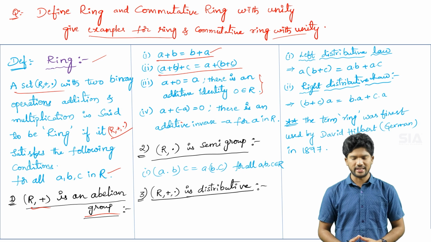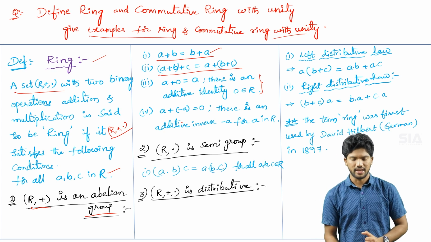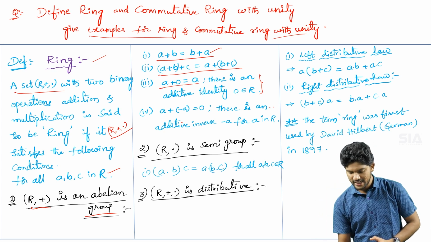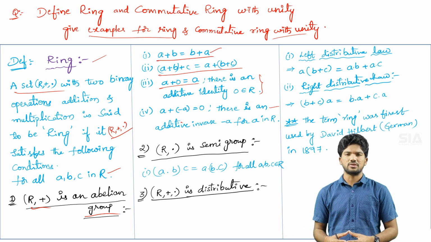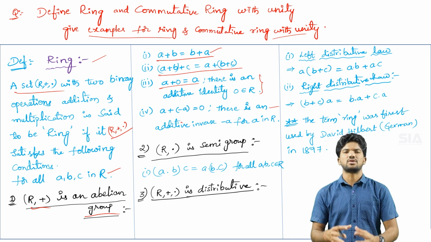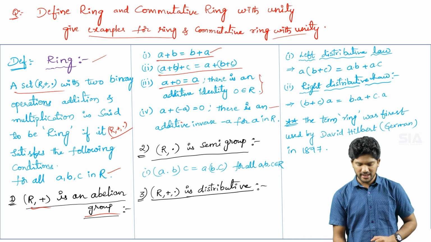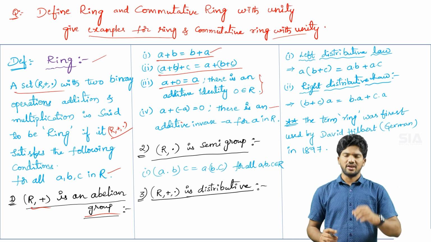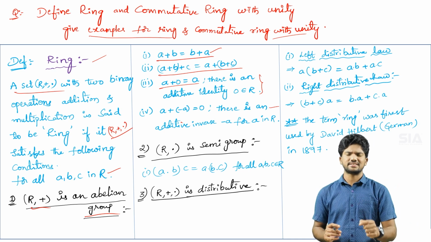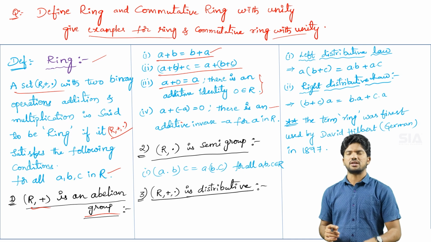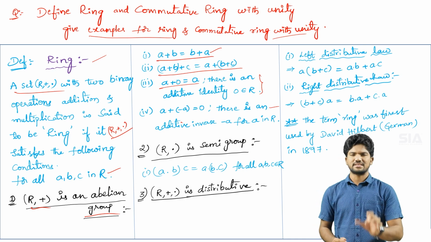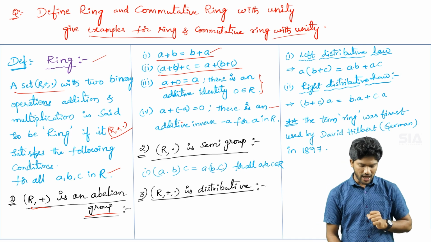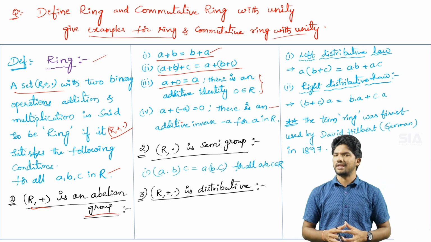Next, the inverse condition under addition: a plus (minus a) is equal to (minus a) plus a is equal to 0. Whenever a ring satisfies these four conditions under addition, the pair (R, +) is said to be an abelian group.